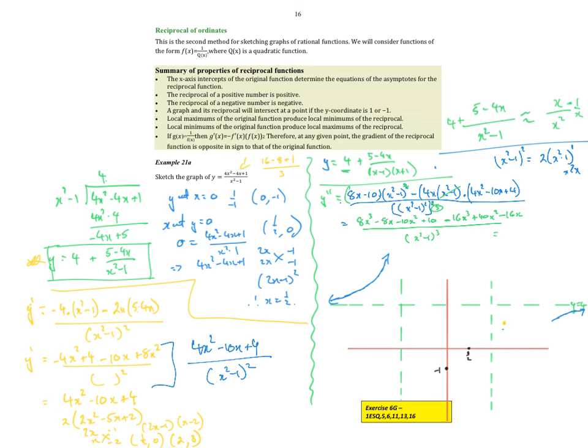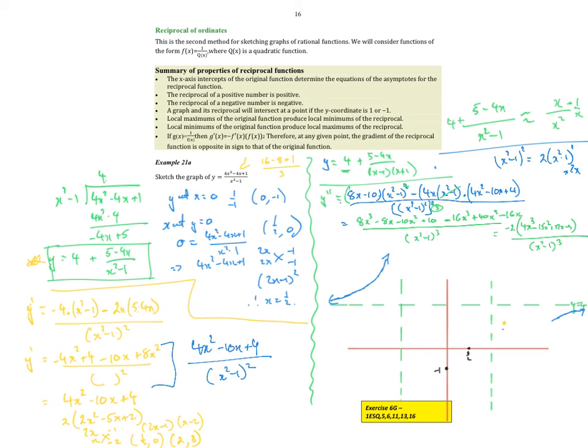What does that simplify down to? If I just go straight to an answer here, we'll get negative 2 at the front of (4x cubed minus 15x squared plus 12x minus 5) over (x squared minus 1) cubed.